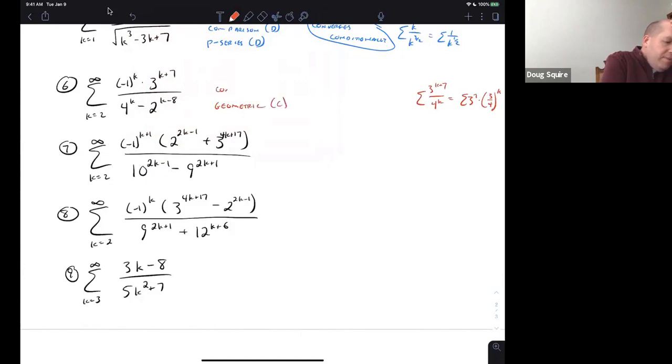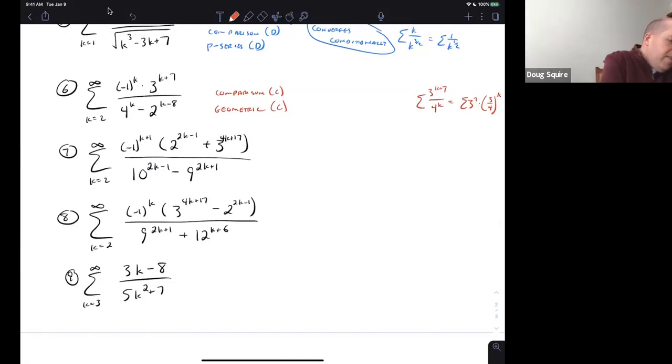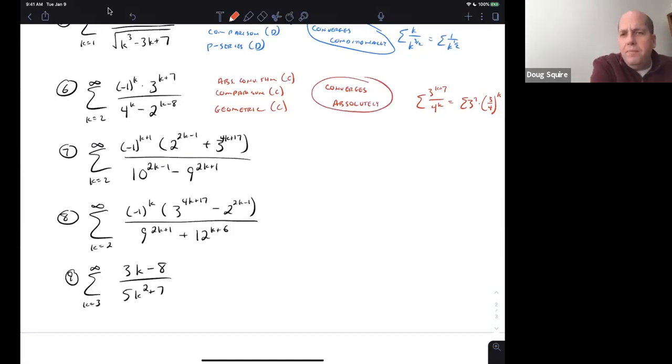You're going to do a comparison test in the middle. And the comparison test is going to show that the absolute value converges. And then the absolute convergence theorem proves that the original series converges absolutely. Everybody clear on that problem? That's good.